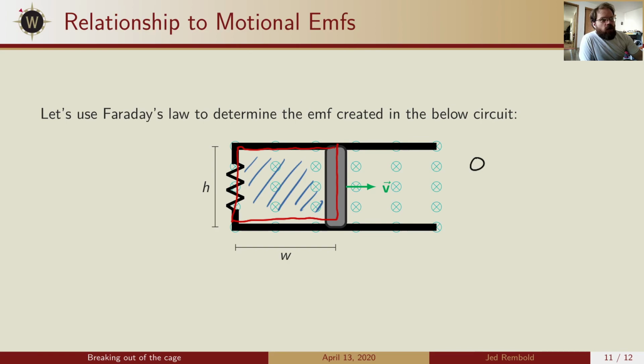Now that we have magnetic flux and electric flux, frequently we'll use a subscript B to indicate magnetic flux. So my magnetic flux through the loop is just going to be however strong my magnetic field is, times the area of my loop, times the cosine of the angle in between them. In this particular case, B is pointing into the page.